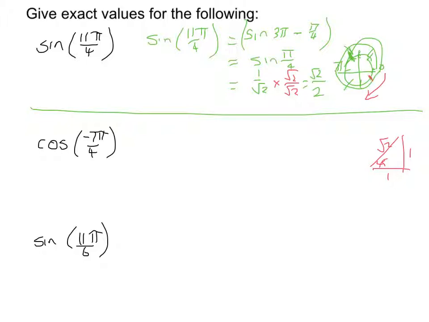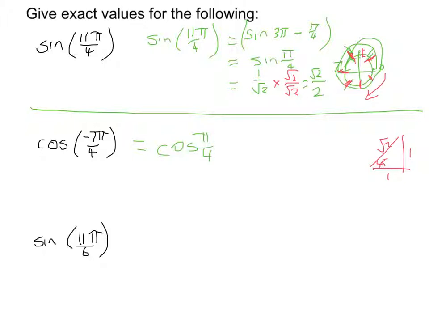So we've got 1, 2, 3, 4, 5, 6 and 7, so it's going to be in the equivalent of the first quadrant. So cos of negative 7 pi over 4, it's in the equivalent of the first quadrant, so that's essentially equal to cos of pi over 4.